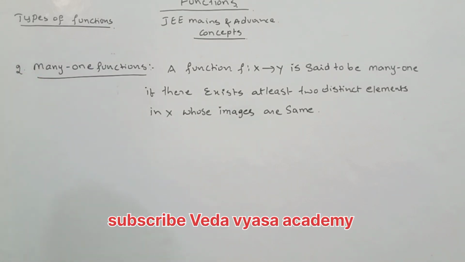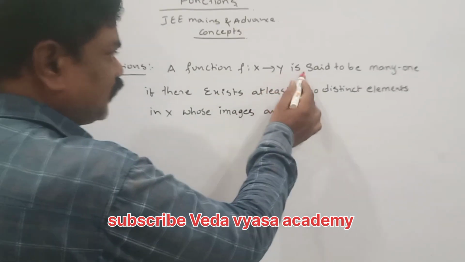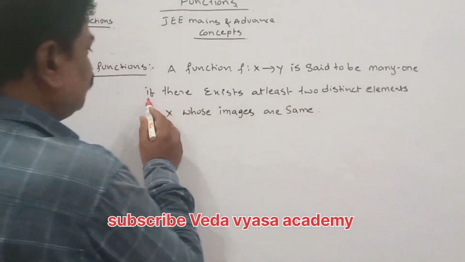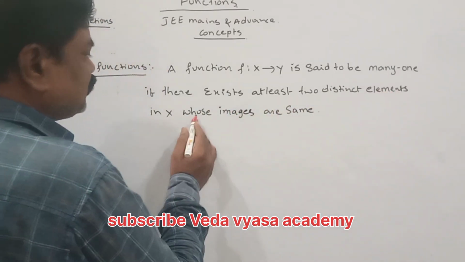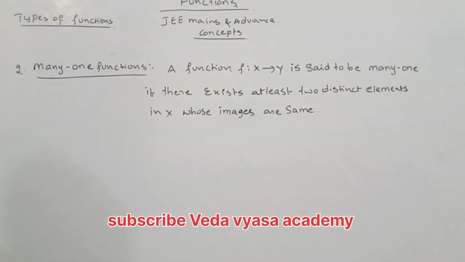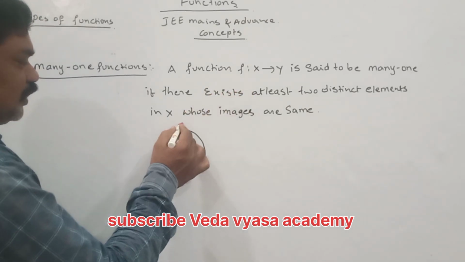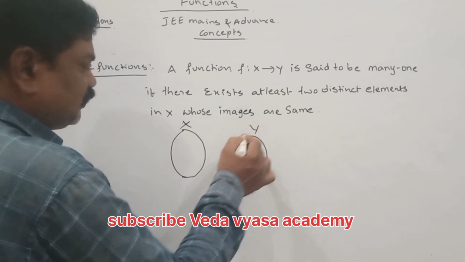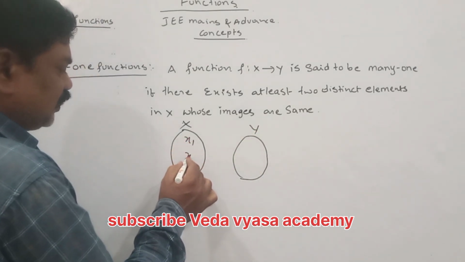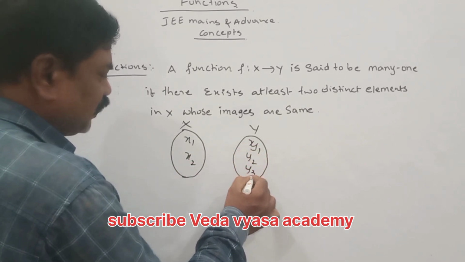One-one function is completed. Now the many-one function. A function f from x to y is said to be many-one if there exist at least two distinct elements in x whose images are the same. So here this is the function f from x to y, with non-empty sets x and y.